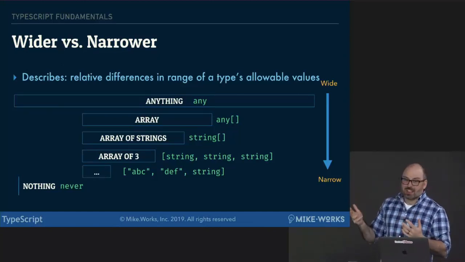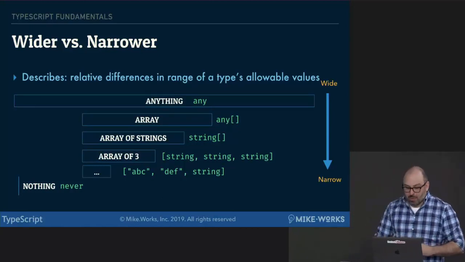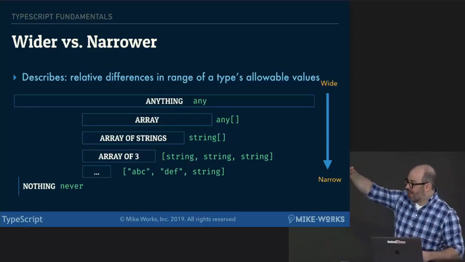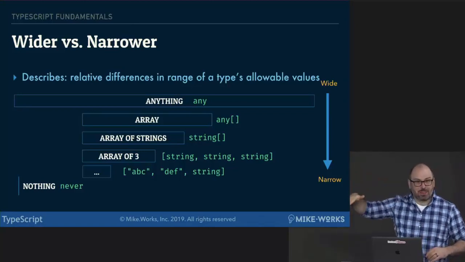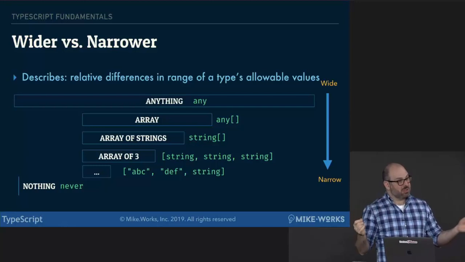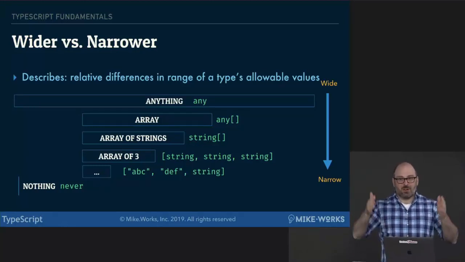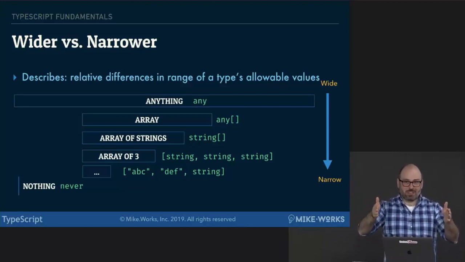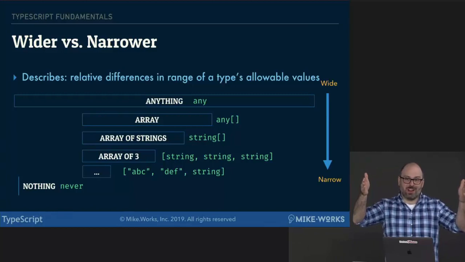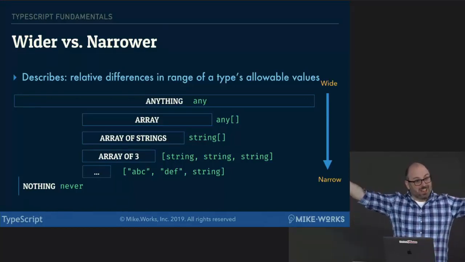Now, if we had a function that could operate on any array, we could look at the array type, and anything below it, anything narrower than that, will be fine to use. It's just more specific. We can always regard an array of 3 strings that must remain of size 3 as an arbitrary array of strings, or as an array of anything, or as any value, right?